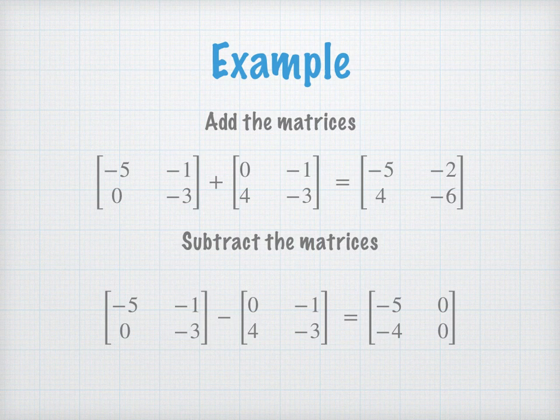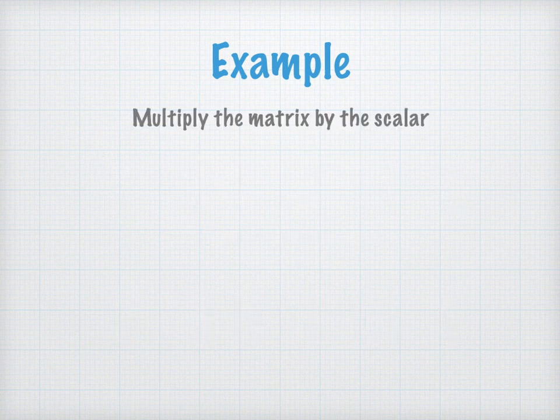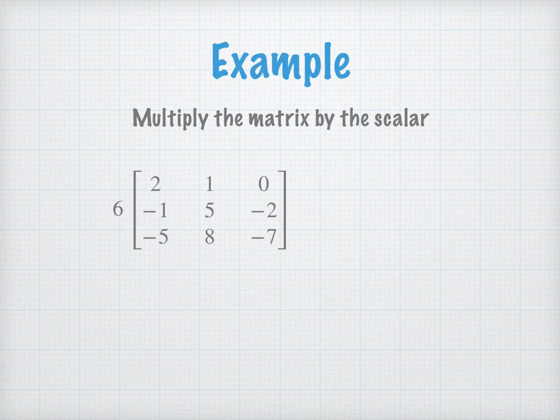Since we can add and subtract without a problem, let's try to multiply a matrix by a scalar. And we'll work with a bigger matrix here. This matrix is a 3 by 3 matrix. There are 3 rows and there are 3 columns. Remember, your rows are going horizontal, your columns are going vertical. So multiplying this matrix by a scalar, I'm taking every single piece inside my matrix and multiplying it by 6.